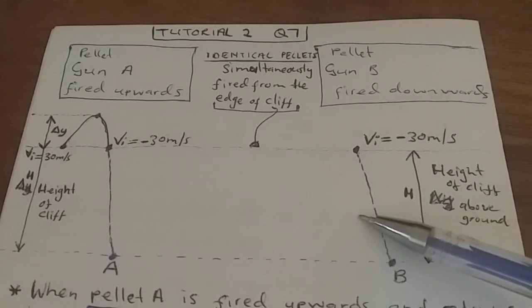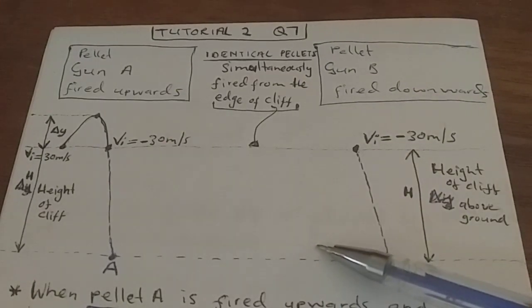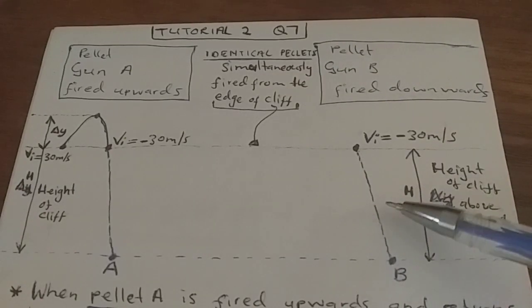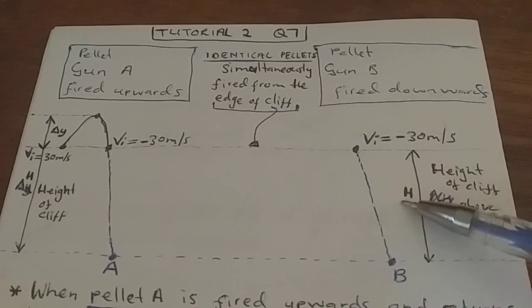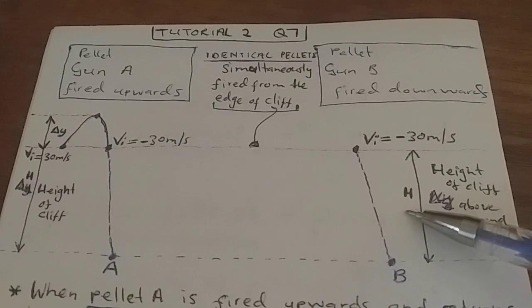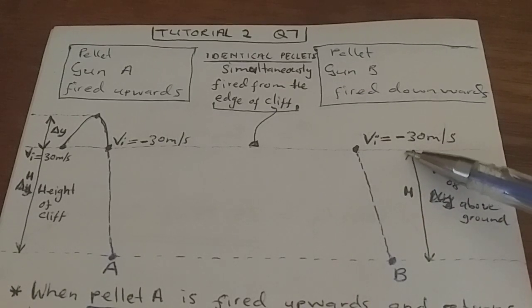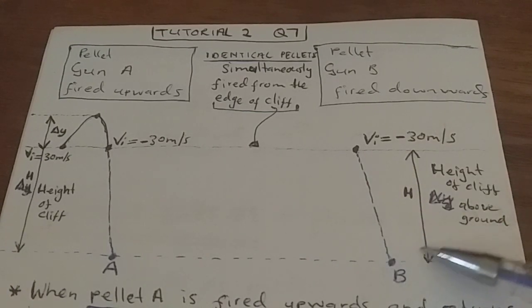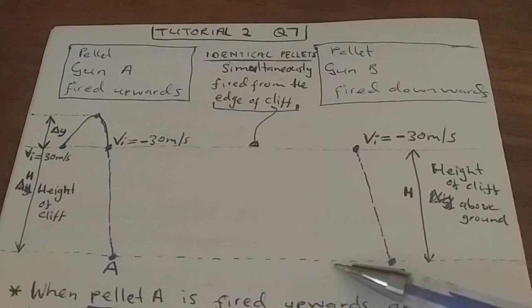So upwards is positive, and downwards is negative. That is the assumption we took in solving this problem. From here, that is the edge of the cliff. This is the ground, where they reach the ground.